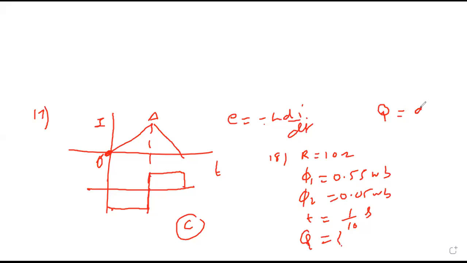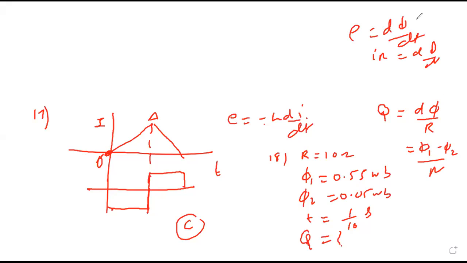So phi 2 minus phi 1 by r. Yeah, d phi by r, that is same as phi 1 minus phi 2 by r. In case we forget, then E is d phi by dt is general, as Aniket said. सुना ही नहीं पड़ा तो अनिकेत ने ये फॉर्मूला बोल दिया, जनरल है. तो E is IR is d phi by dt, then I dt is d phi by r, I dt is nothing but charge.